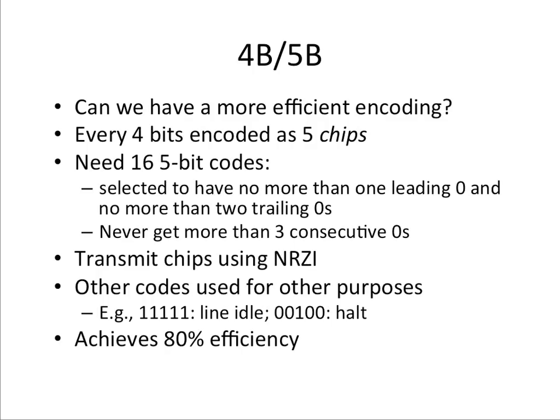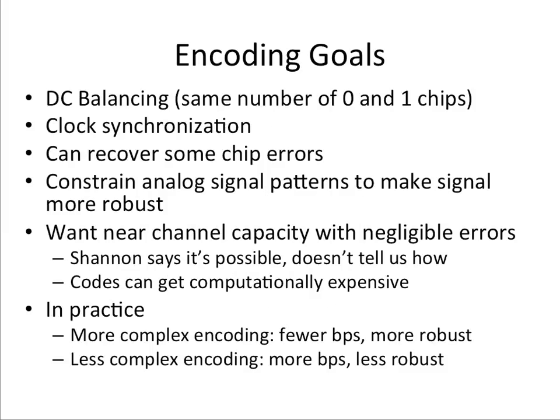All right. And here's another encoding scheme that'll have a different number of bits and chips. Okay, so what are the goals of encoding? Well, we want to do DC balancing so that we don't have the baseline wander problem. We would like to recover from some chip errors, or at least detect them.